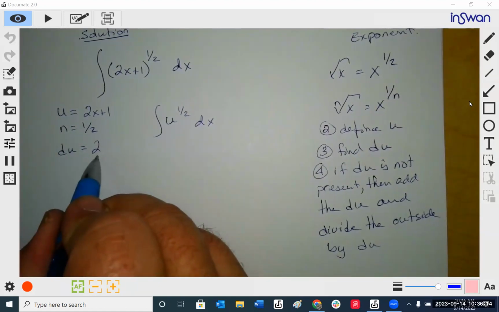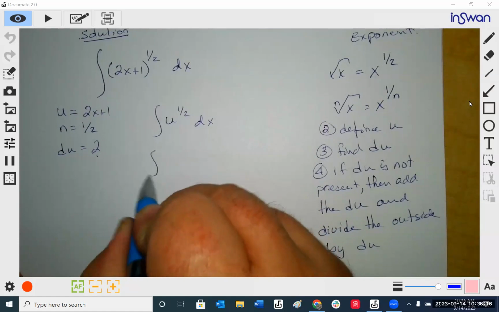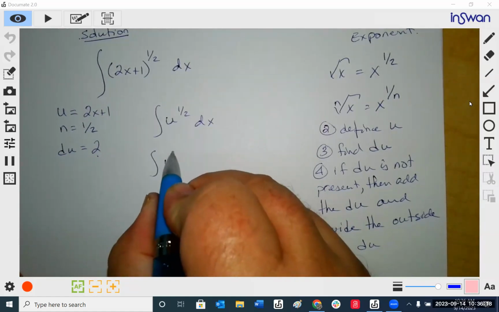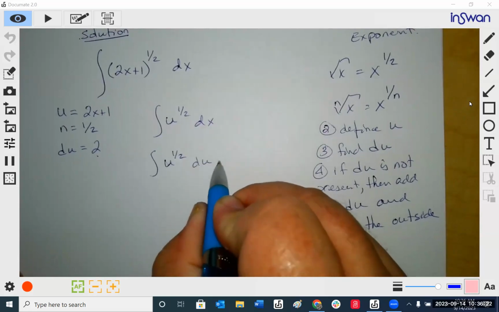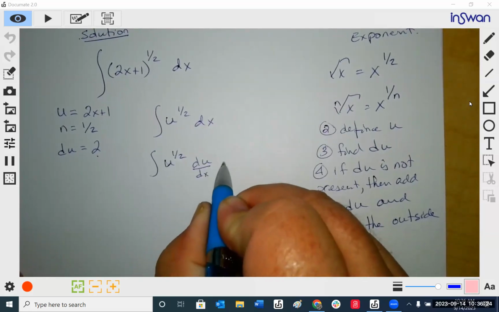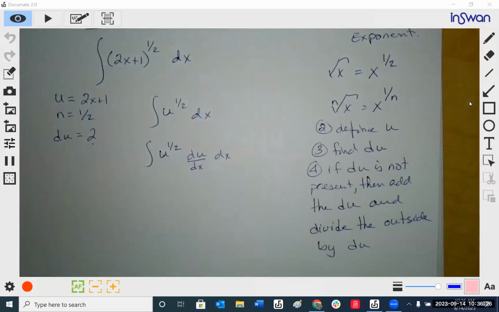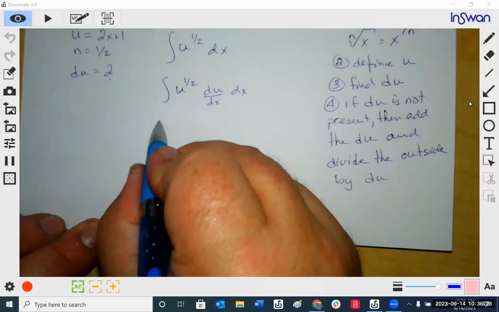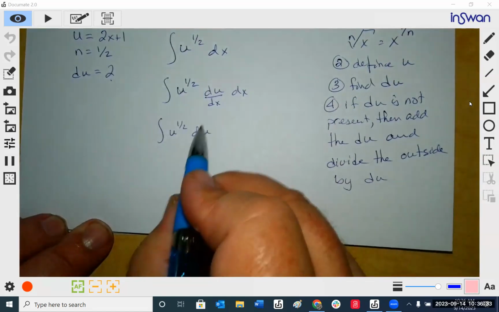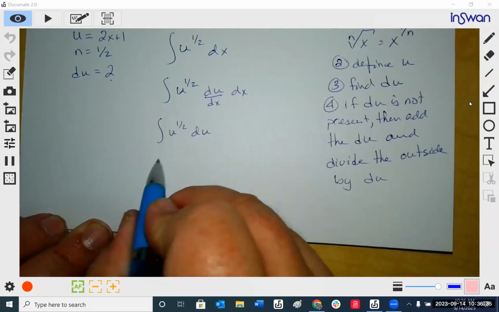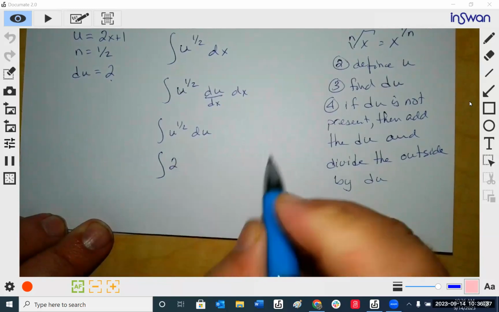Our du is 2. So we need to put a du in there, which is our u to the power n, half, du. So we have to put a 2 inside there.